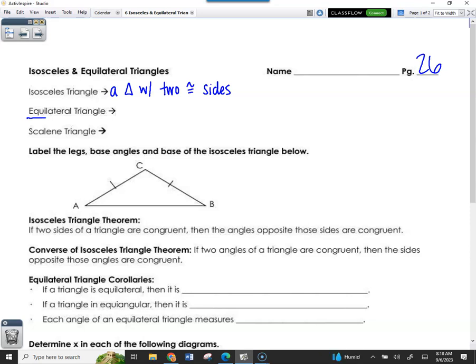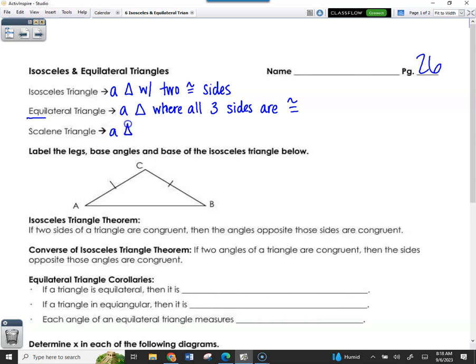Equilateral means all sides equal. Okay, and then scalene sounds weird. No equal sides at all.